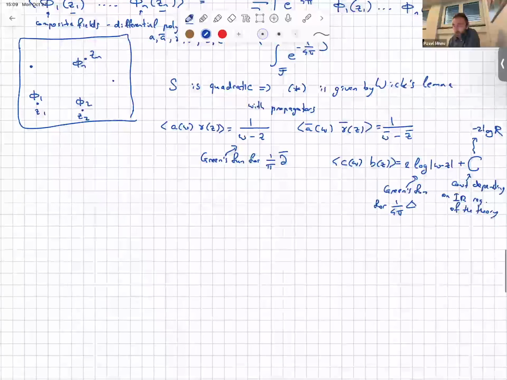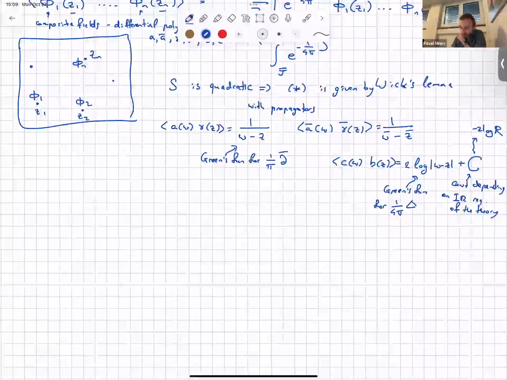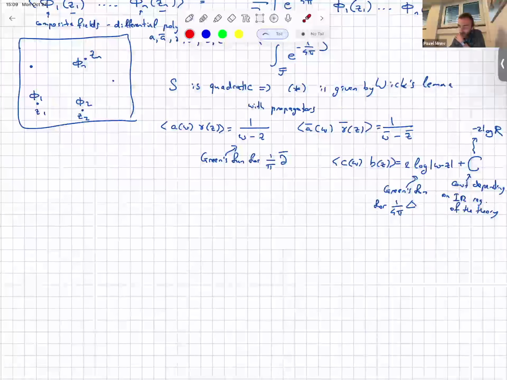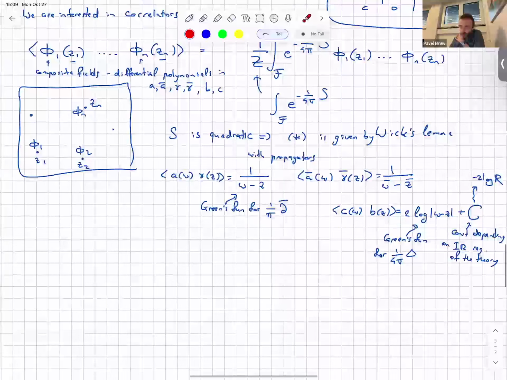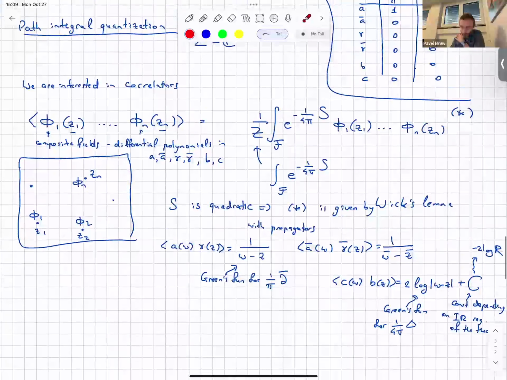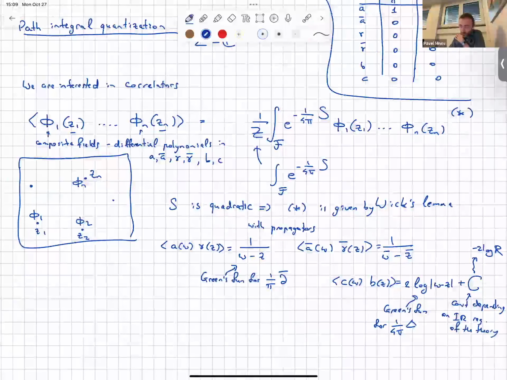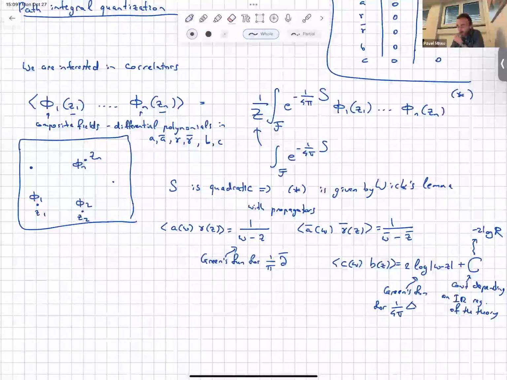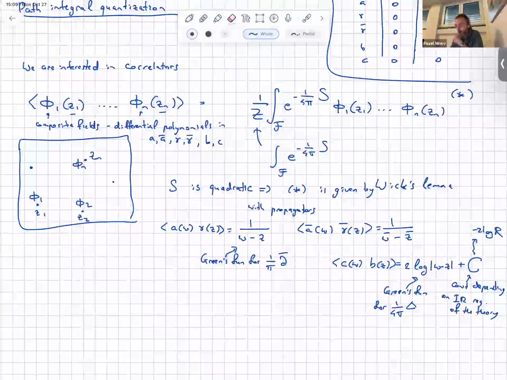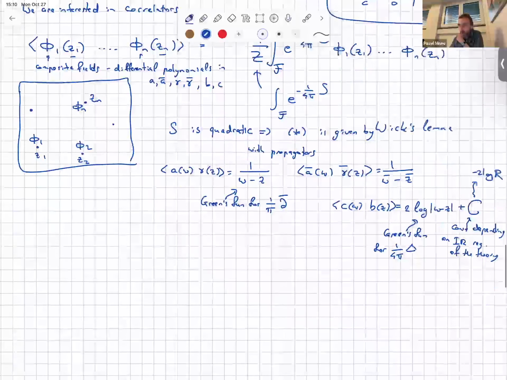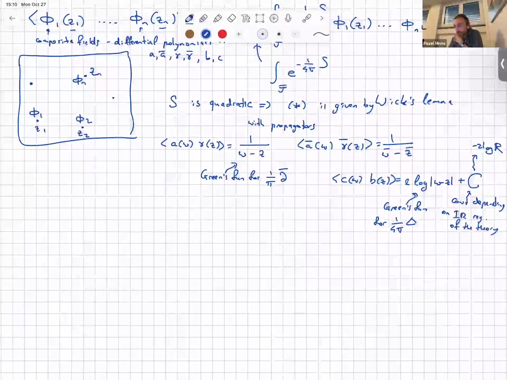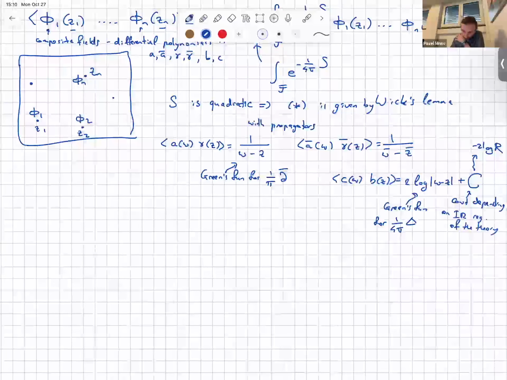Okay, so now you can start calculating correlators of composite fields using essentially this definition, as a sum over Wick contractions. So let me give you an example.